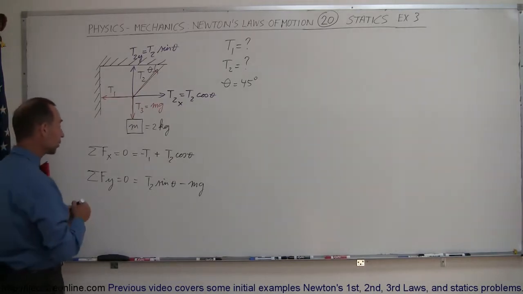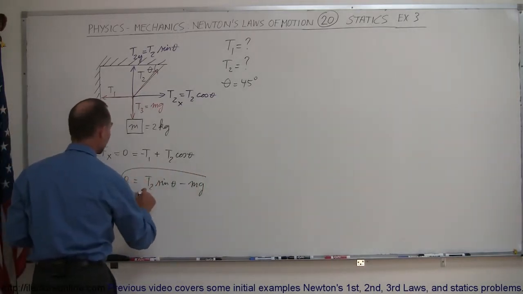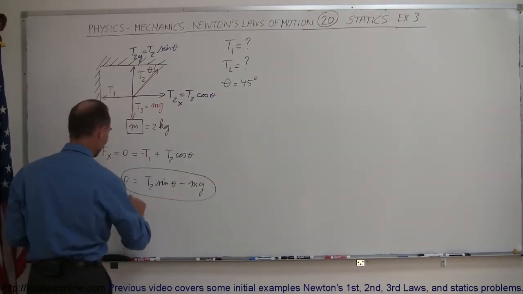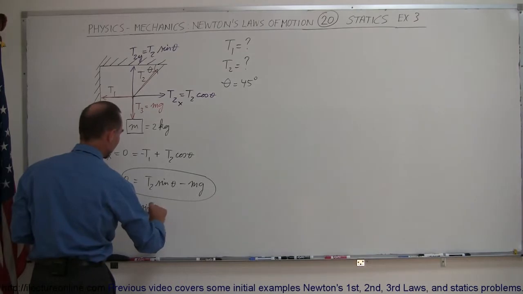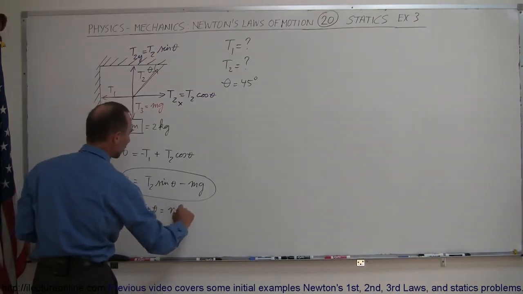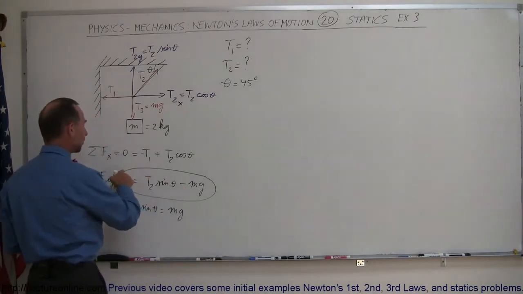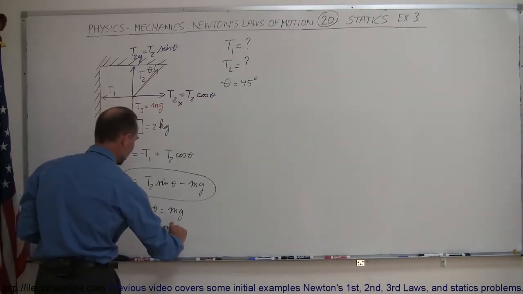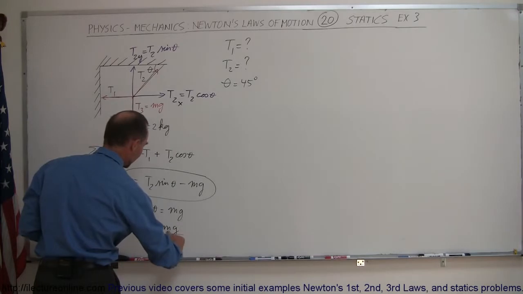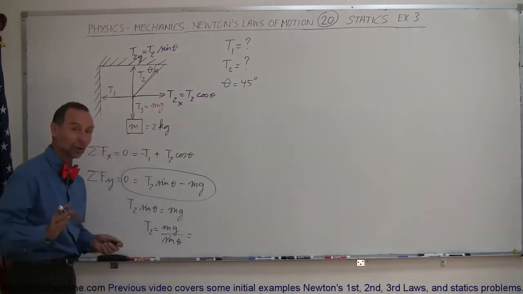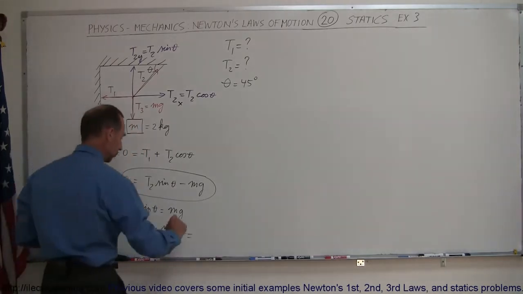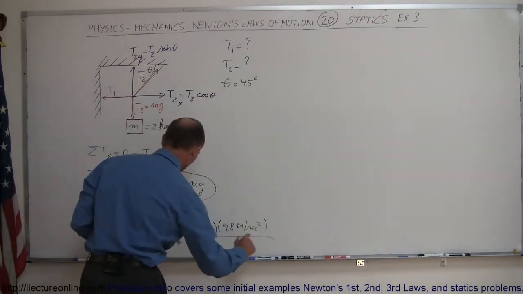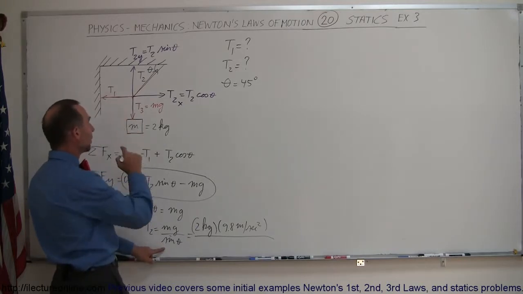Now notice that in this case, it's actually a little bit easier. We can look at our second equation and notice that there's only one unknown in there. So we can use this equation to solve for T2. If we do that, we get T2 sine theta is equal to a positive mg. When we move the minus mg over, it becomes positive mg, and then we turn the equation around. So we have T2 is equal to mg divided by the sine of theta. Let's plug in all the numbers that we have. We have 2 kilograms times g, which is 9.8 meters per second squared, and divide the whole thing by the sine of theta, theta being 45 degrees.